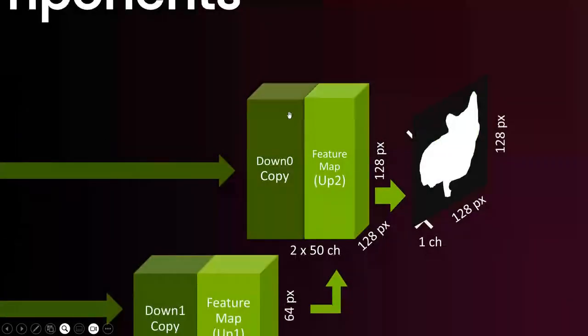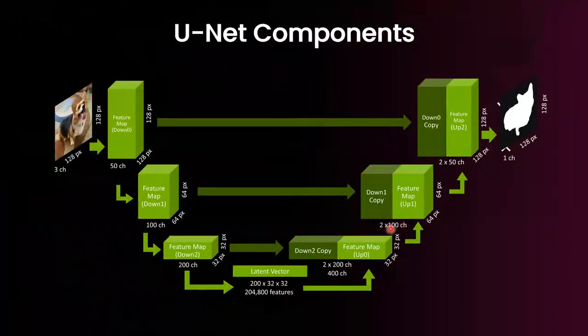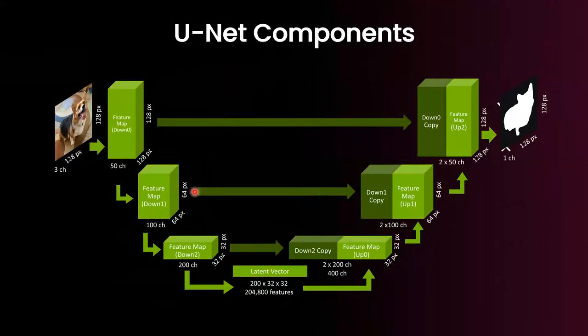This is the dog, and this is the segmented image, the dog with the segmentation mask. The most important part is that the UNet architecture makes sure that at each level, it makes a copy of the feature map and passes it to its opposite place in the decoder line. Here we are talking about the encoder.